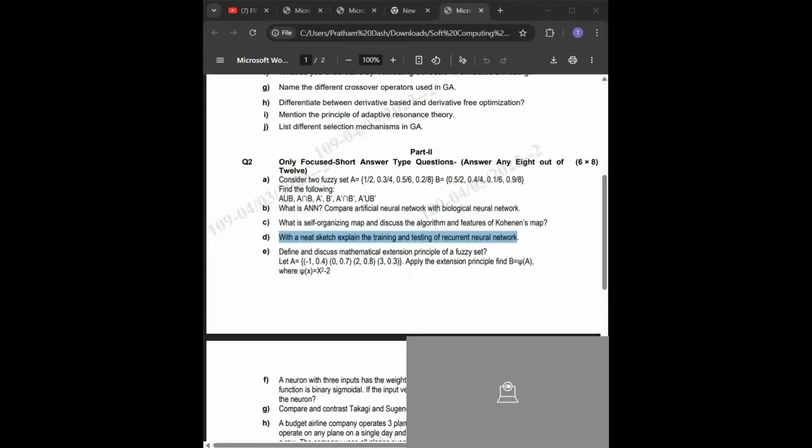We have the input layer, hidden layer 1, hidden layer 2, and the output layer. So what happens? I don't know.